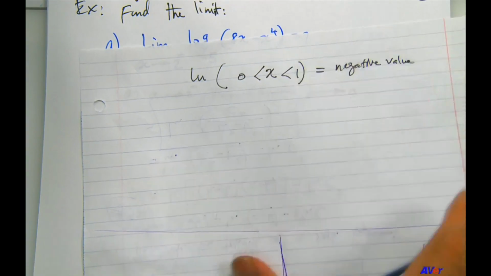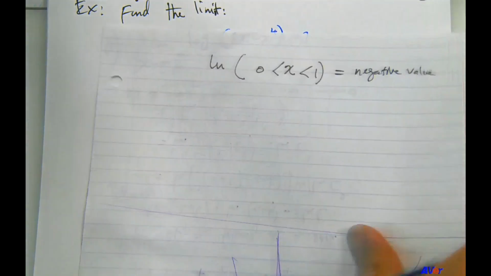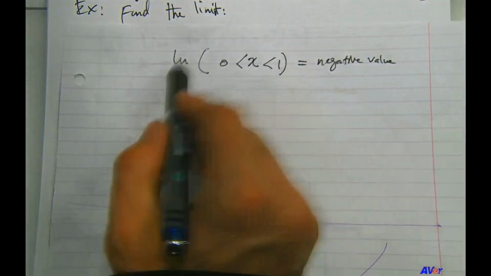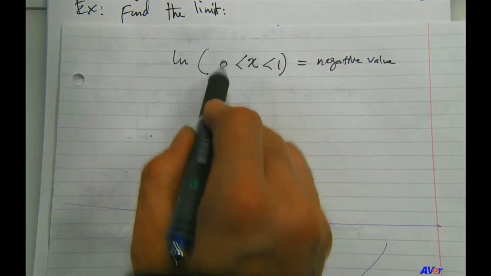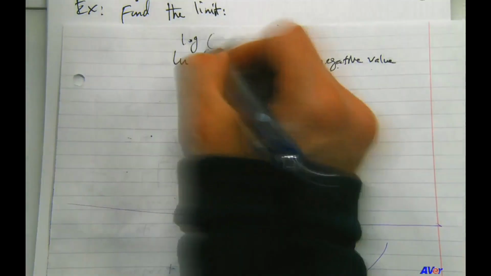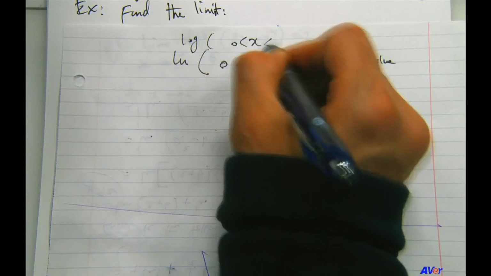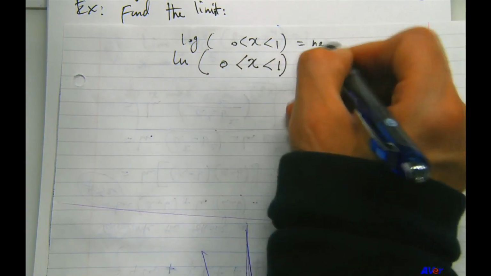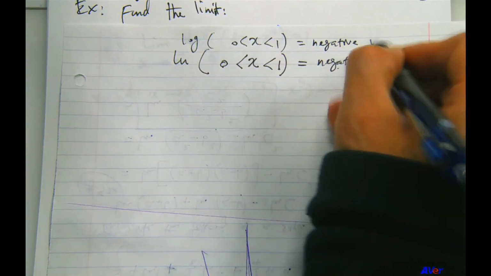Sorry, I'm just using this as a scratch paper. The same thing is true for log of any value between 0 and 1. It is, again, a negative value.